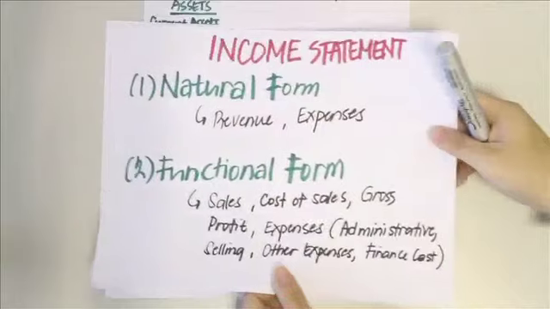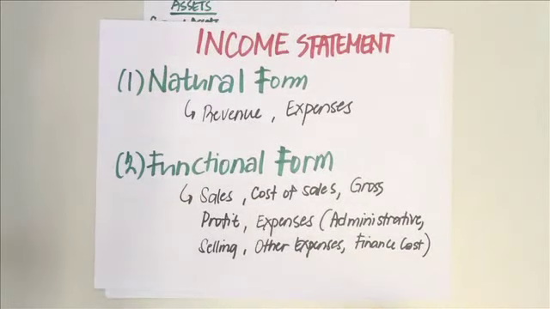So next we have the income statement. Just like the statement of financial position, there are two forms of income statement, namely the natural form and the functional form. So the natural form is basically grouping all the revenues together and then grouping all the expenses together and then getting the difference to get the net income. So this is the form usually used for service businesses.